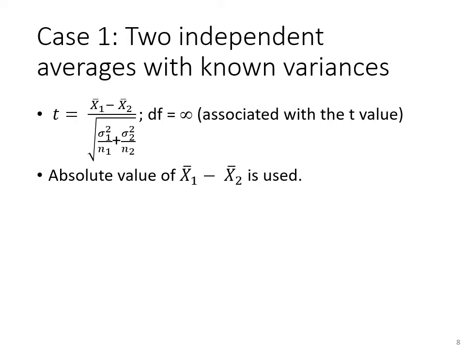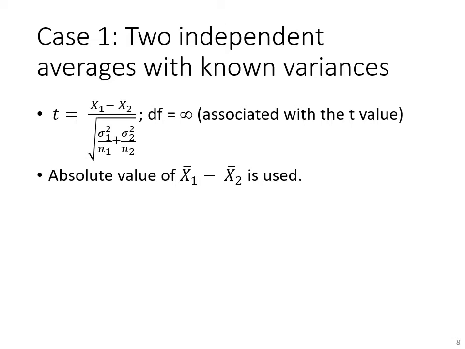These are independent averages, so they're taken from two different sets, for instance, two samples taken from two different groups, or two samples taken from two locations, and we're looking at whether we can determine if those averages are statistically different.